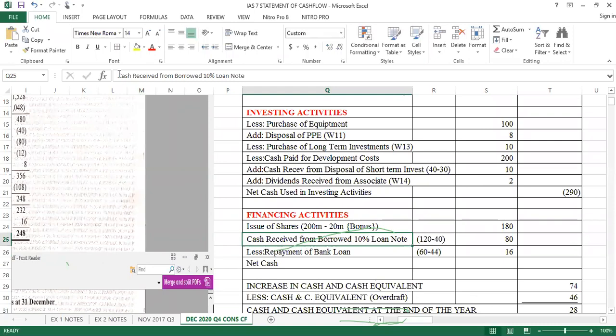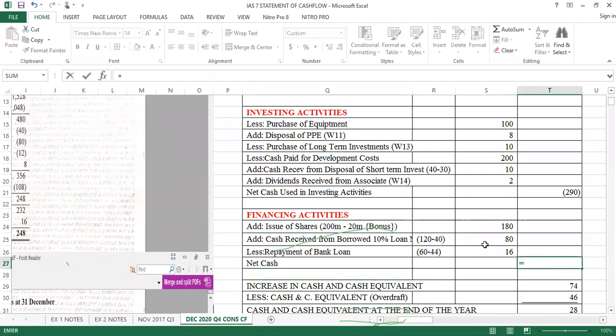Receipt is an addition. Next, issue of shares is an addition. Wow, this was tough. So 180 plus 80 minus 16 gives 244. So what is it called? Net cash from financing activities.